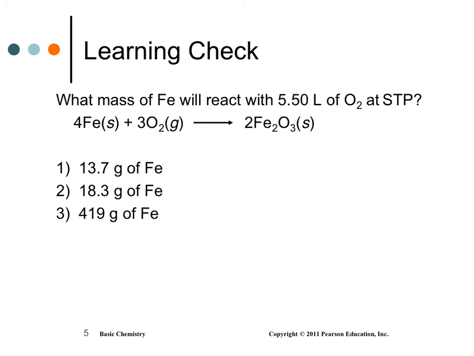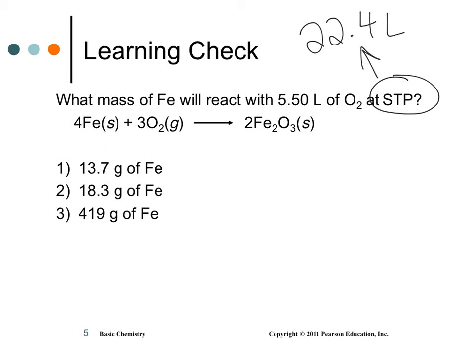Now, this is pretty cool, right? Because look, STP. Those of you that like to attend my wonderful Zoom sessions are going to know that it's going to be 22.4 liters. So it's at STP, which is great. So you don't really have to do too much.